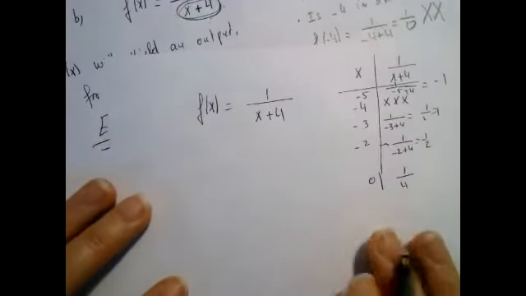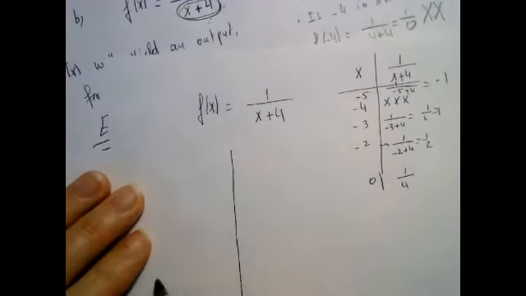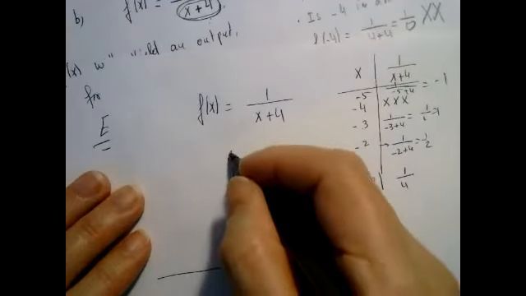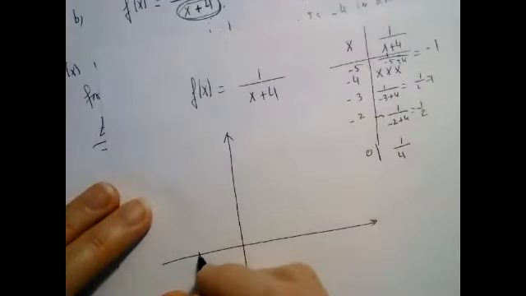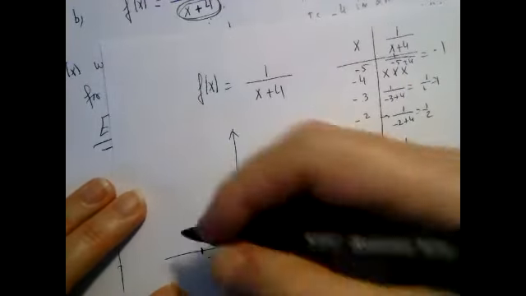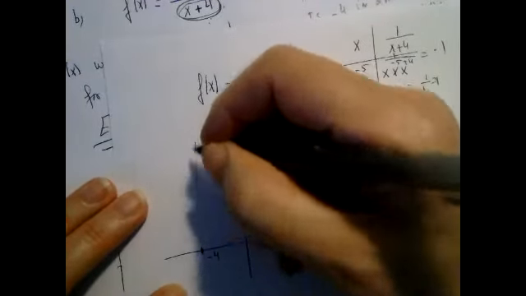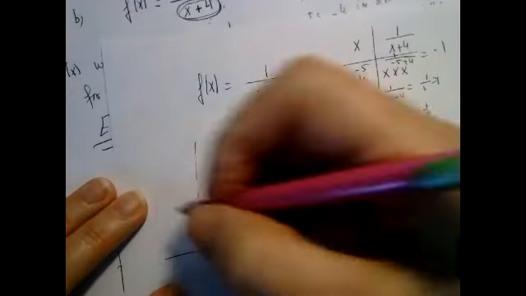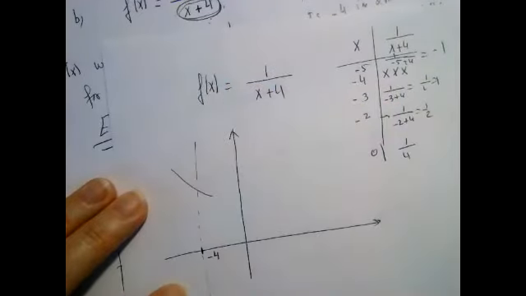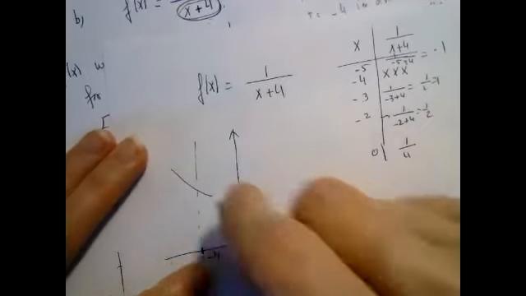So what's going to happen in the graph? When x equals minus 4, there will be no output. It means when you graph it, at minus 4 the graph will not hit this line. You will never see that because there is no output at minus 4.